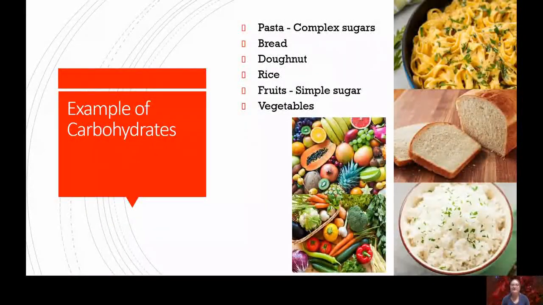Some examples of these include pasta, bread, like I mentioned before, donuts, rice. These are all carbohydrates. The pasta, for example, is a much more complex sugar, whereas things like fruits are much simpler sugars. So everything with moderation.